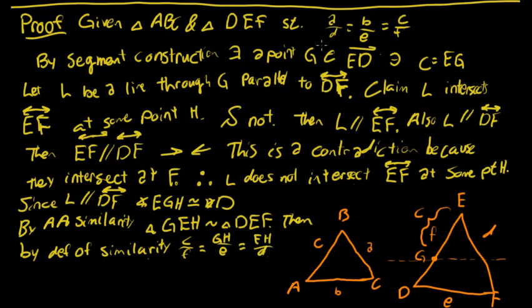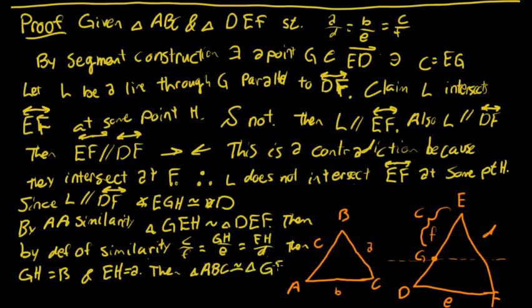Then remember what we have up here. So GH equals B, and EH would be equal to A. Then triangle ABC is congruent to triangle GEH by side-side-side congruence.